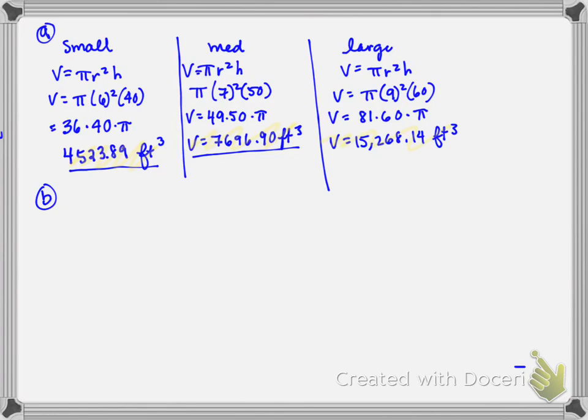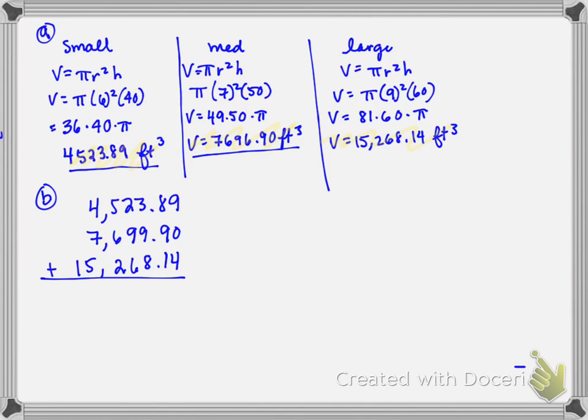So let's do that. I'm going to add 4,523.89 plus 7,696.90 plus 15,268.14. So let's add these 3. Go ahead and do that on your calculator.